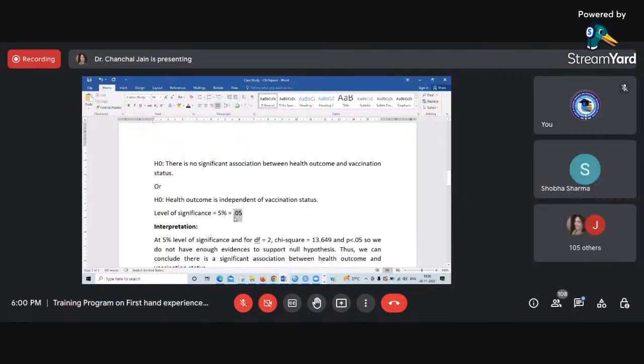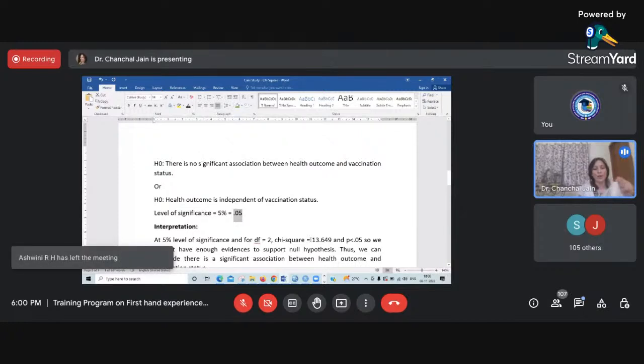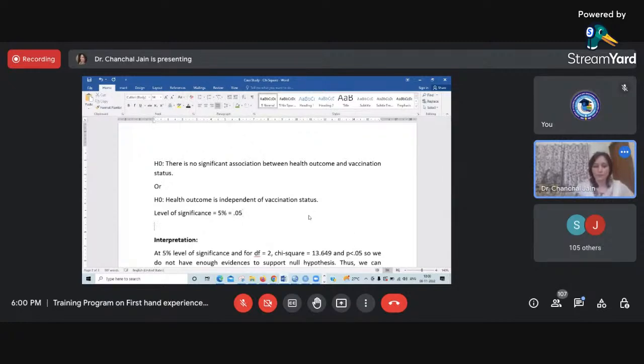Yes, ma'am. If we are setting this value as 5%, then whatever significance value or p-value we draw from the SPSS output, you need to always compare that p-value with this level of significance. Our p-value was 0.001.